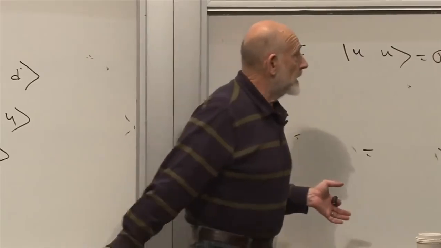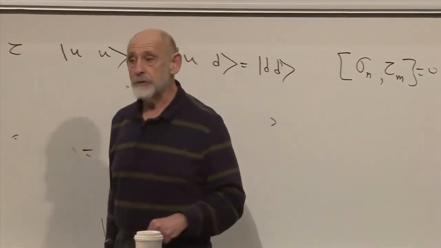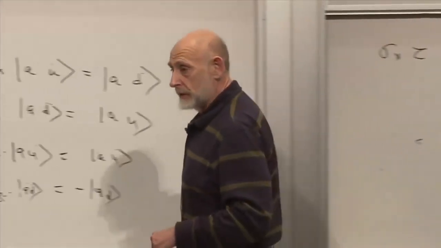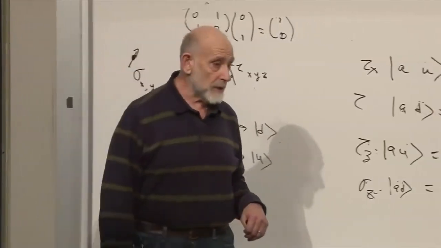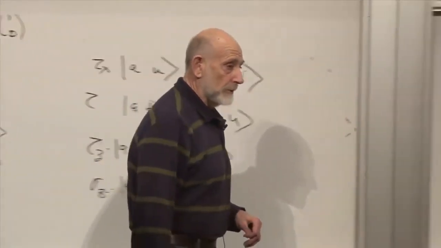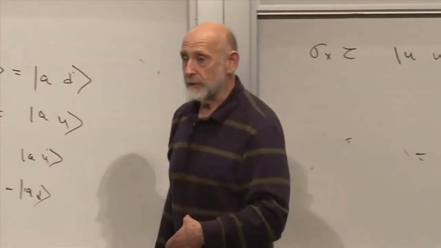And that's what this says: measuring a sigma does not preclude measuring a tau, and vice versa, for any components of them. So in that sense, they behave like independent systems. You can make any measurement on sigma and any measurement on tau.